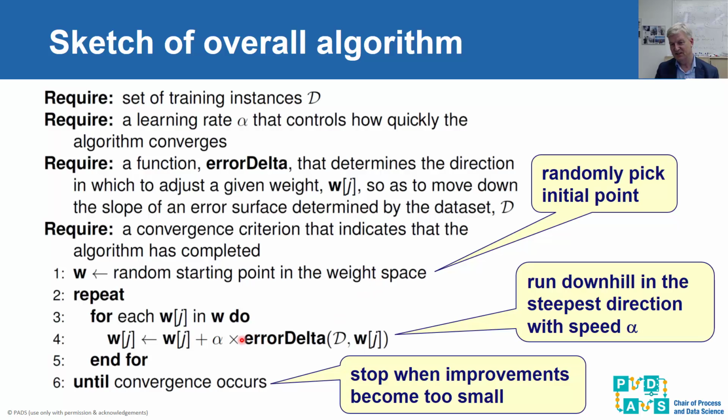So alpha is, let's say, the step size that we are using. As I mentioned before, often the strategy is being used that in the beginning alpha is bigger, and towards the end alpha gets smaller to not overshoot the solution. So we stop if the improvements become, let's say, too insignificant.